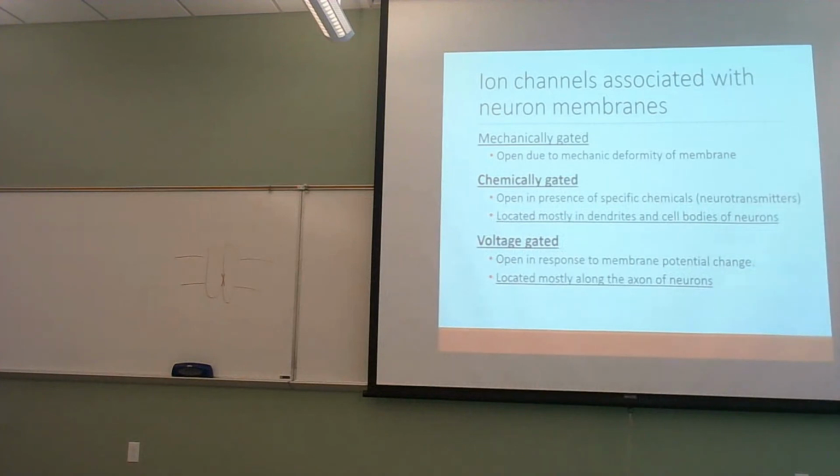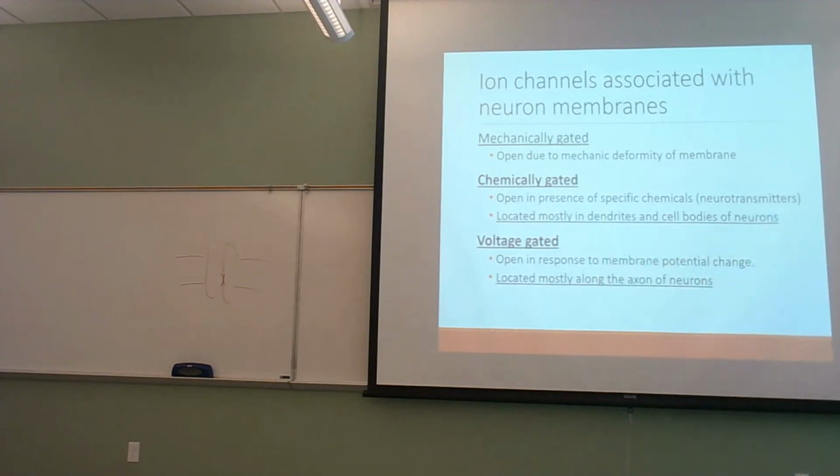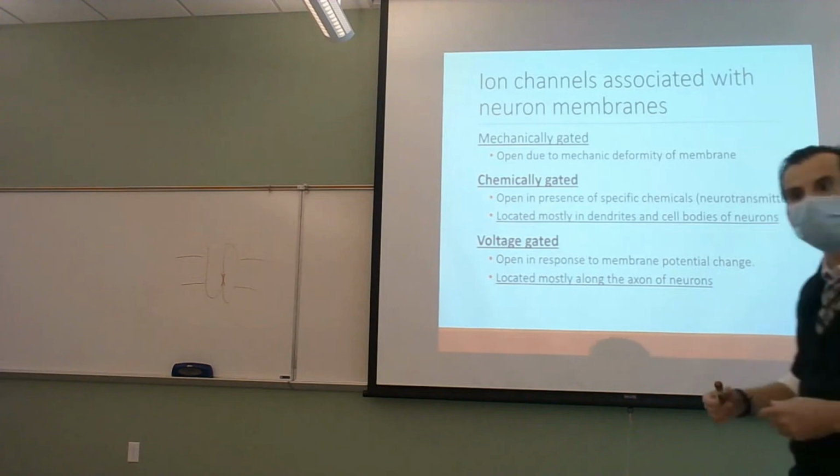What chemicals have we already talked about today that might play a role in opening up these channels? What was stored at the end of an axon? Neurotransmitters. That's an example of a chemical that could be released from one neuron, go to another neuron, bind to a chemically gated channel, open up that channel, and let solutes pass through. Nicotine is a chemical that can open up certain channels.